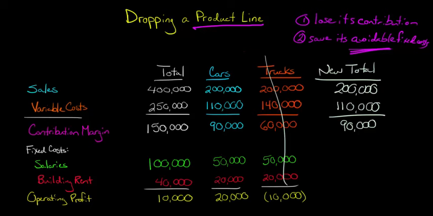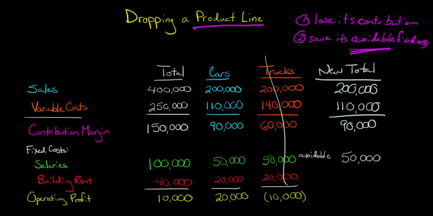So that makes sense. Now with the fixed cost, remember we said that this here was avoidable. This $50,000 was a salary specific to the truck division. So when we got rid of the truck division, we don't have to pay the truck salary to the factory manager for that division anymore. But we still have the $50,000 from the car division.